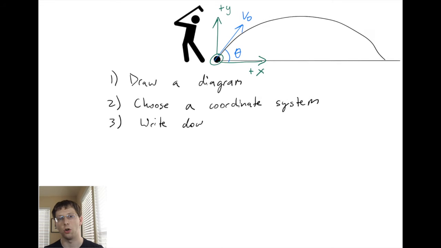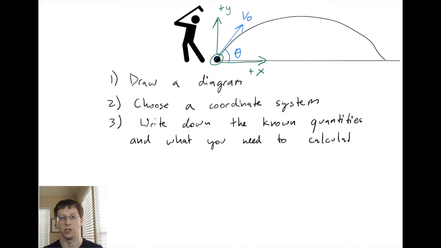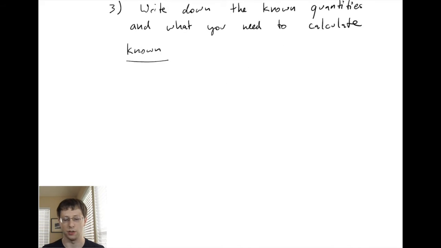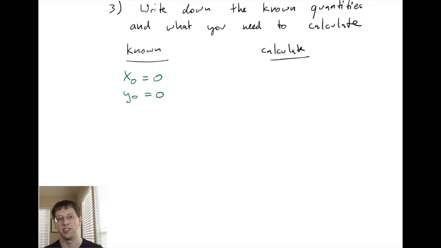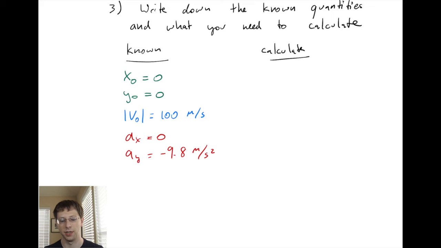Next, you should write down all the known quantities and also write down what you need to calculate. In this case, the known values are the initial positions. Because we chose the coordinate system, we know the initial position is 0. So x0 and y0 are both equal to 0. We know the magnitude of the velocity, that's 100 meters per second. We also know the x component and the y component of the acceleration. ax is 0, ay is negative 9.8 meters per second squared.